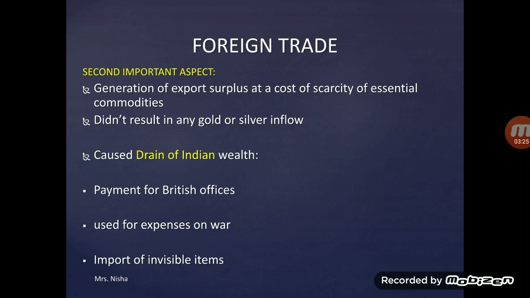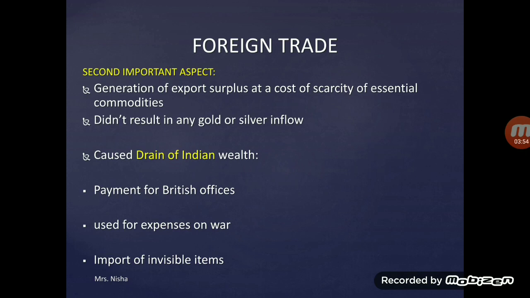We use this phrase because whatever export surplus was generated was being spent by the British government for making payment for British offices which were set up in Britain. So that wealth was not utilized for India at all. That is why we call it drain of Indian wealth.